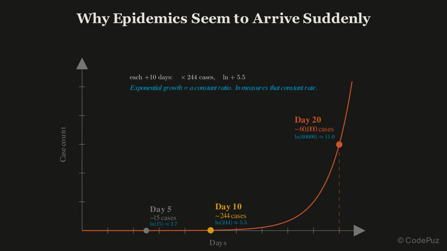The logarithm is the tool that sees through the explosion and reveals the constant rate underneath. On a log scale, this curve is a straight line. The slope of that line is the growth rate. The logarithm does not hide the danger. It measures it precisely, while the linear scale is still showing you near zero.